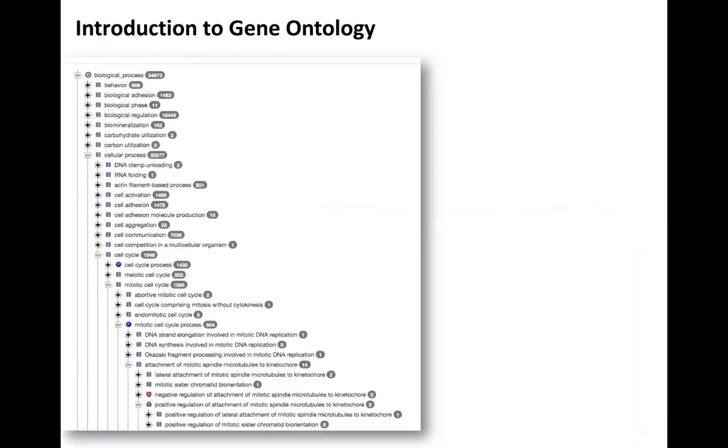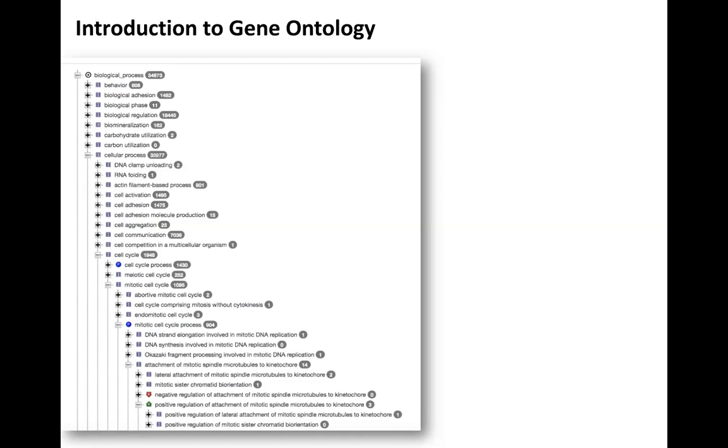This is, for example, biological process. If you click on it, you'll have a whole large list. This is not a complete list, apparently. If you scroll down, there is one of the components called cellular processes. Under cellular processes, there is one called cell cycle.